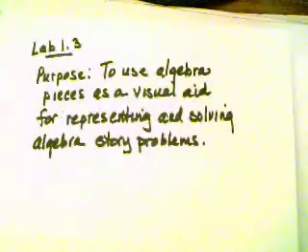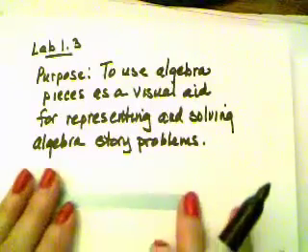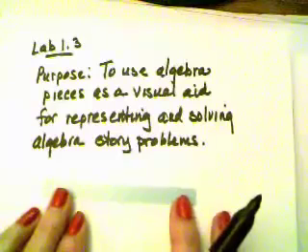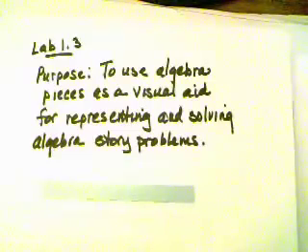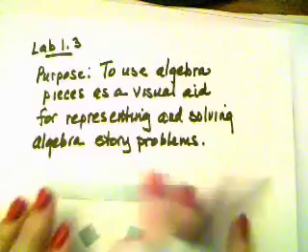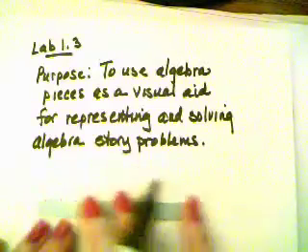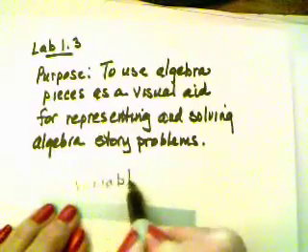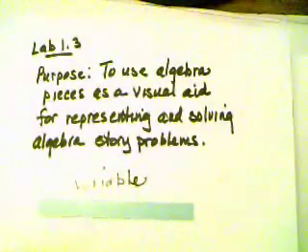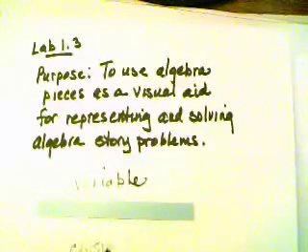So we're going to let the tens represent x, and then we'll let the units represent ones or any addition to x. So our x, which is this strip, is our variable, and these will represent our constants.